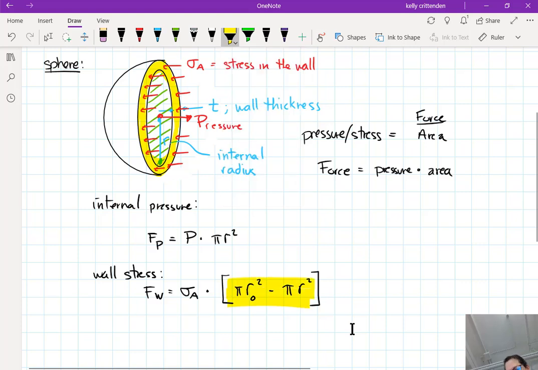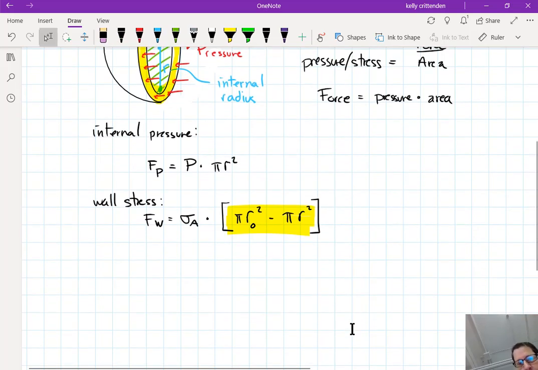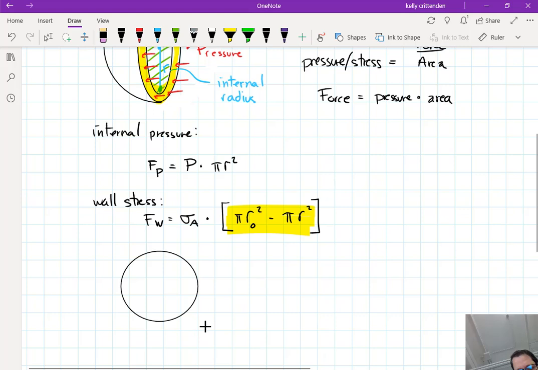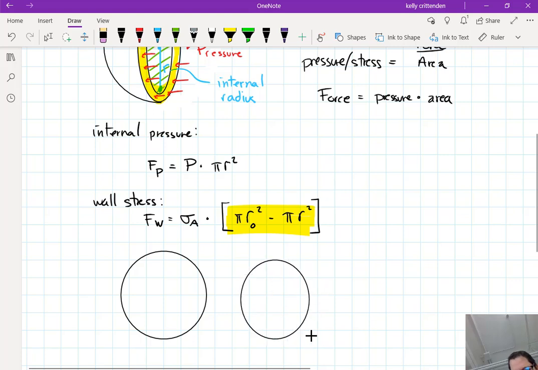So I can approximate this area with something else. So if I think about, let's draw this, here's the area that I'm talking about.